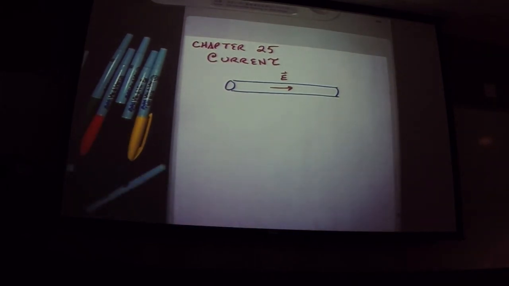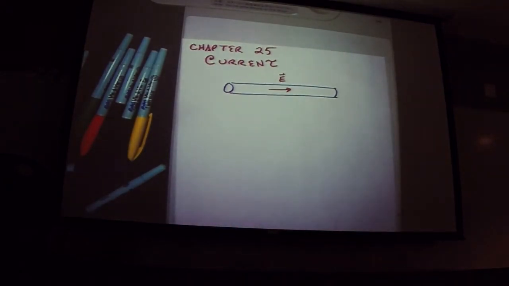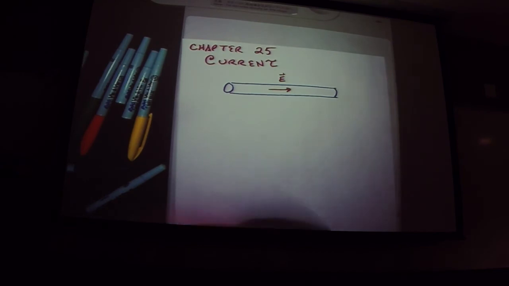But the odd thing is their book starts out with this idea of putting an electric field in a rod without telling you how we're going to keep these charges moving. Because if we don't keep them moving, they're going to stop over here, cancel the electric field, just like everything we've done up to this point. Okay?